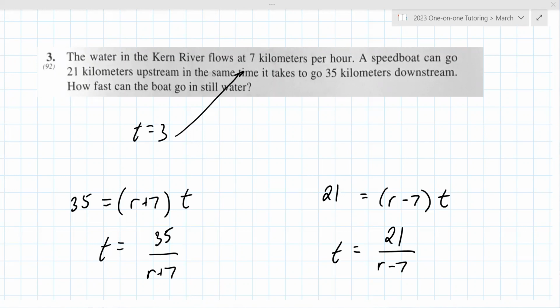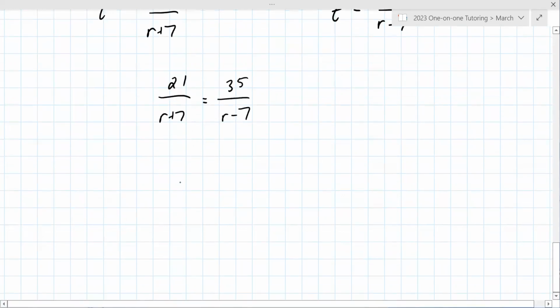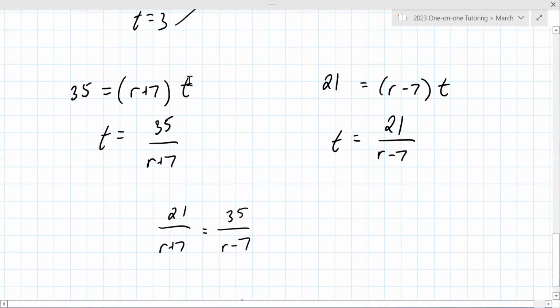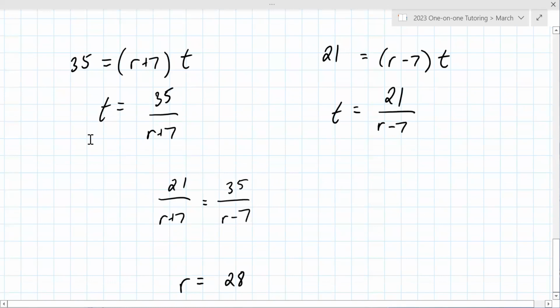So R is 28. Where does that leave us with T? I'd go back to one equation or the other and see what you come up with.